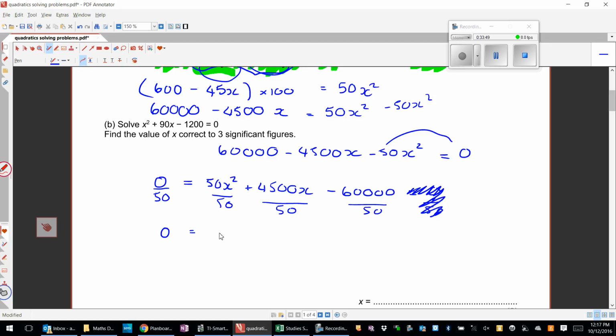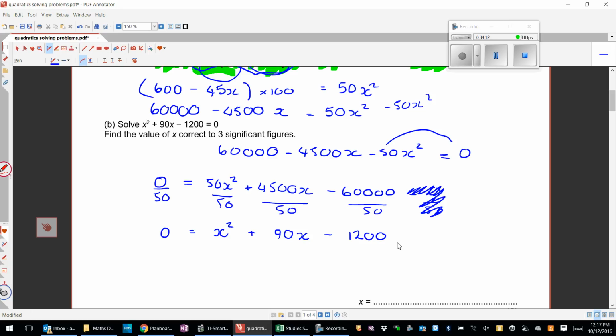So 50x squared divided by 50 is 1x squared, and it just so happens that 45,000 divided by 50 is 90, and 60,000 divided by 50 is 1200. And that's the answer. That makes sense.